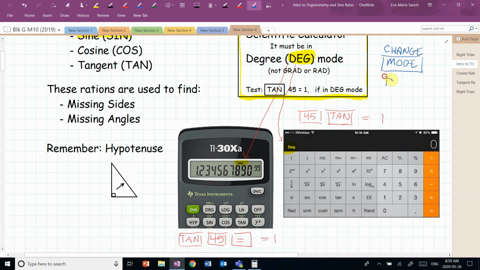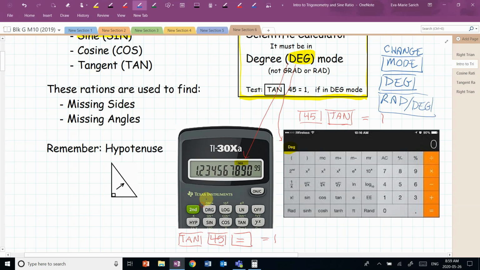You should be looking for a button that says degree, or you might even find one that says rad, or a rad/degree button.